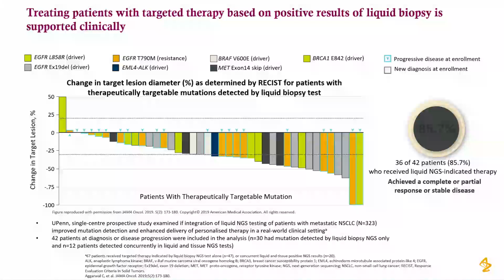So this is what I told already. When we subject any patient in upfront NSCLC to liquid biopsy combined with tissue biopsy, or with only liquid biopsy, in case of poor performance status where we cannot access the tissue biopsy, in those types of cases we start with liquid biopsy.